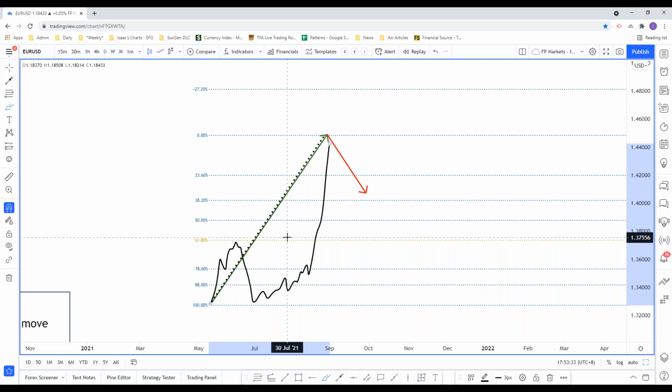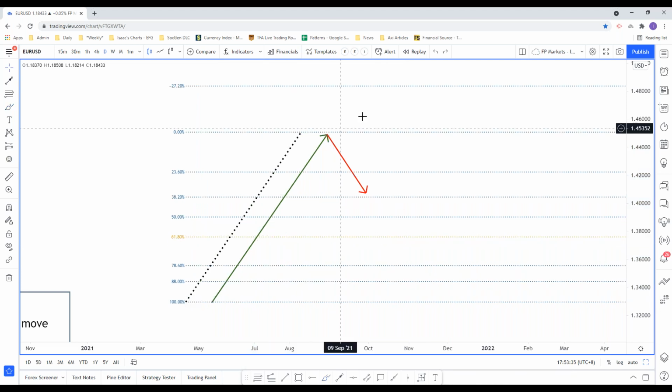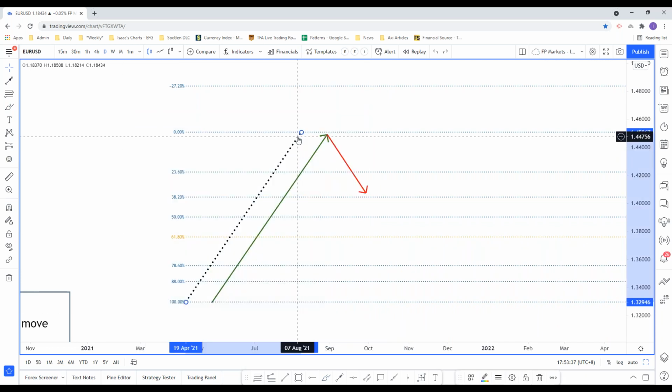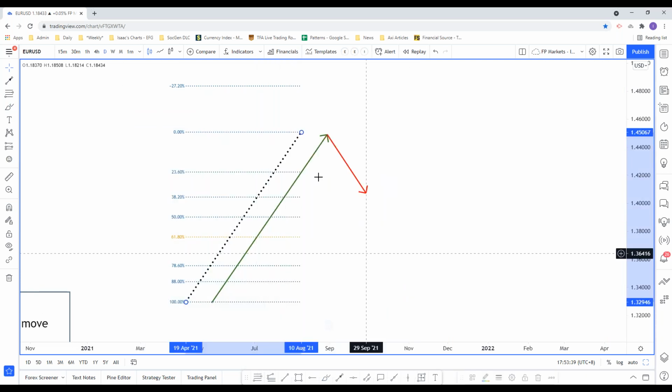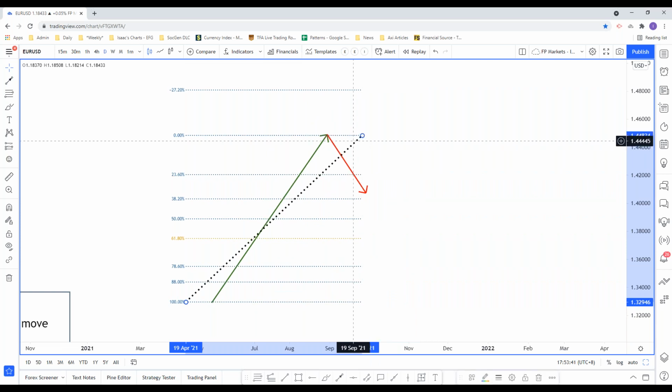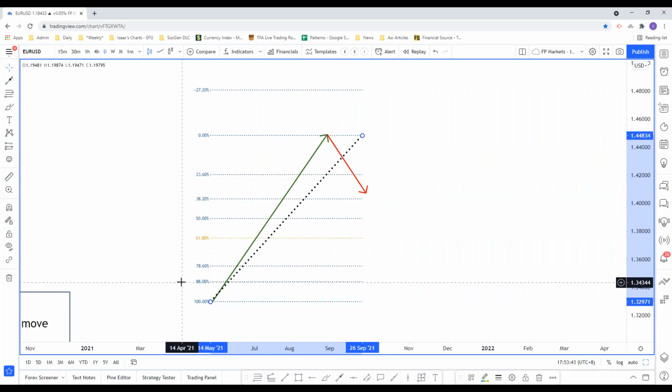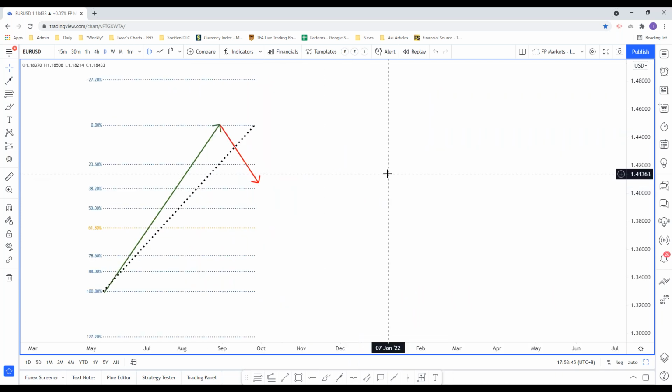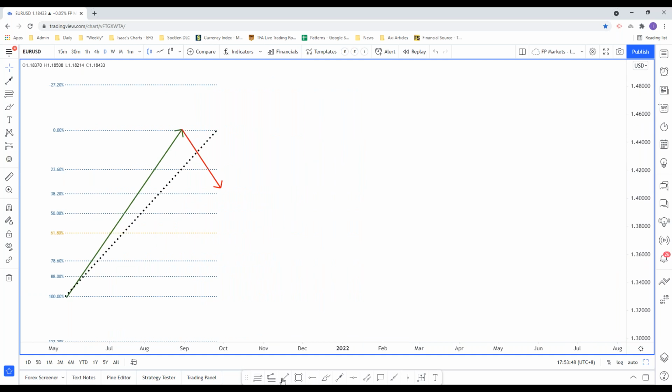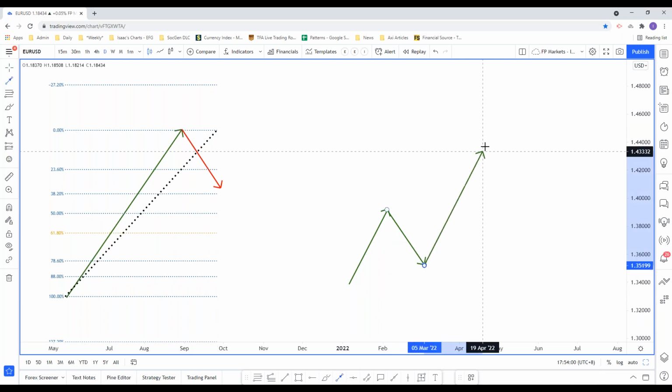The same thing applies for Fibonacci expansion. Let me just extend the line. So let's say price has gone up, does a regular zigzag, something like that.